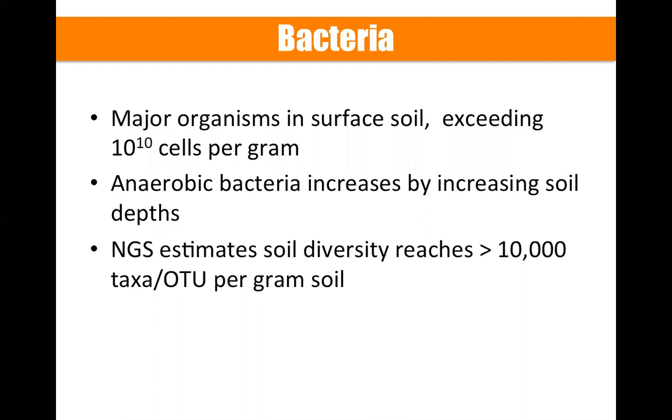Based on next generation sequencing, the diversity of bacterial communities in soil is more than 10,000 taxa, so 10,000 different taxa of bacteria per gram of soil. That means you can have different genera and different families of bacteria per gram of soil. So that is high in diversity.